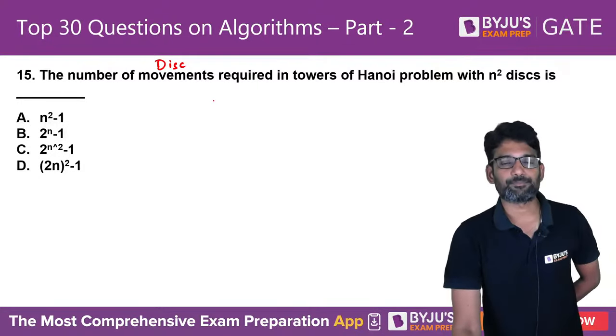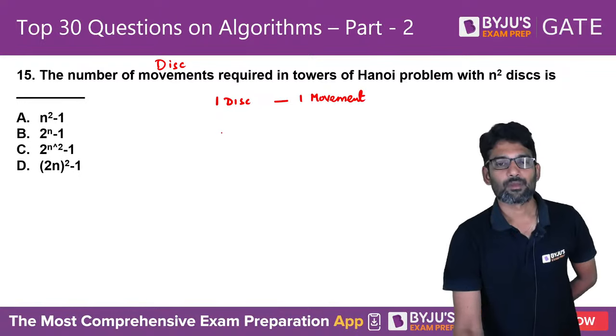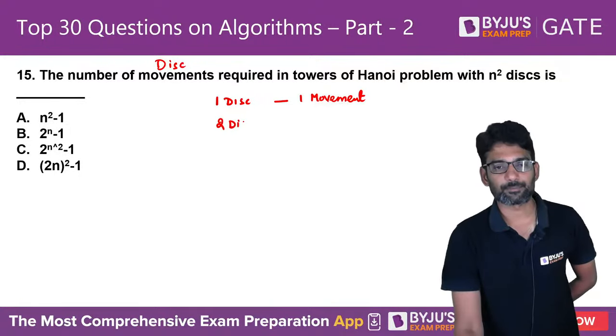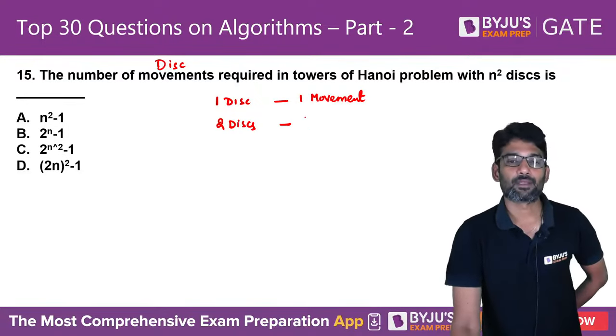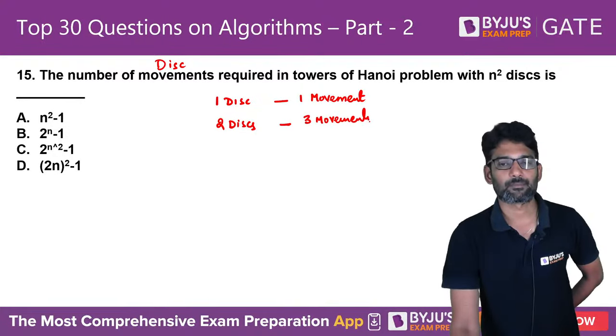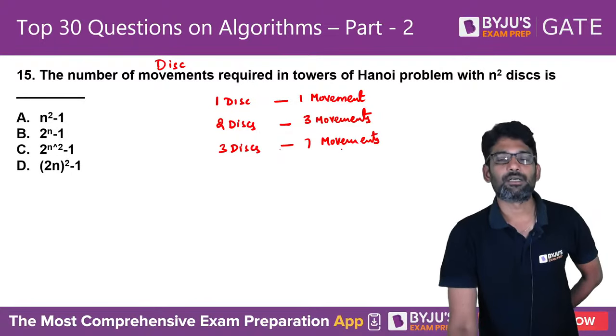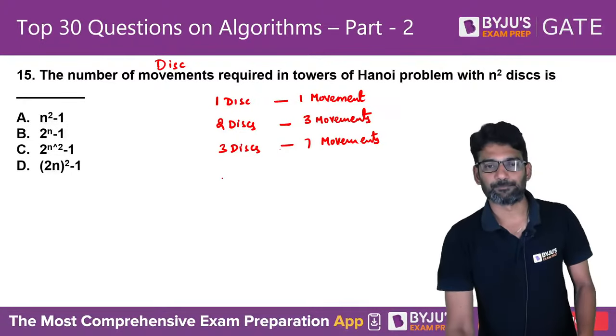If there is one disk, just one movement. If you have 2 disks, then 3 movements. If you have 3 disks with 7 disk movements, you can shift disks from tower A to tower C.